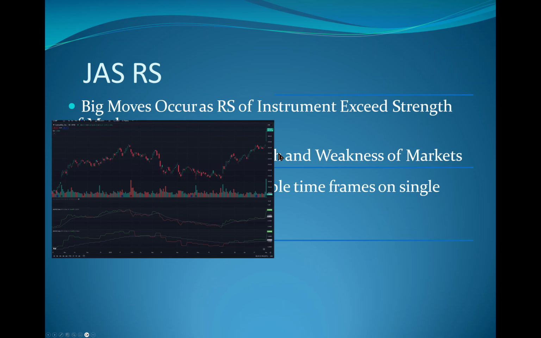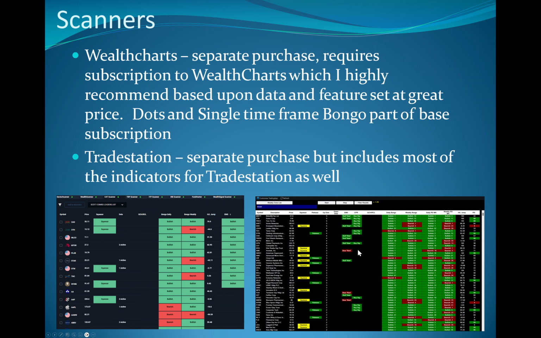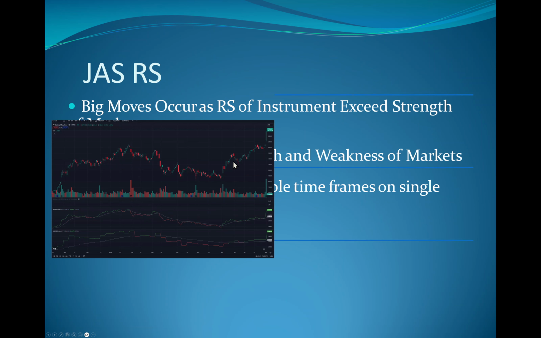And then JASRS, well, the picture is sort of covering it up, but actually, it's similar in all three platforms. I'm looking at the relative strength of an instrument compared to a market, and I typically use the spider. Why?